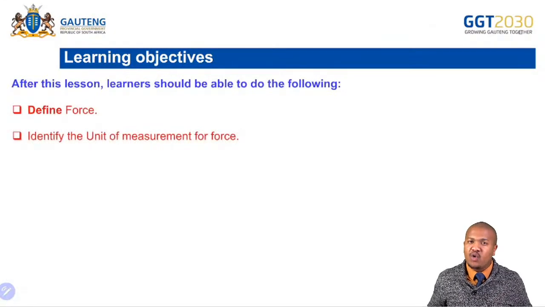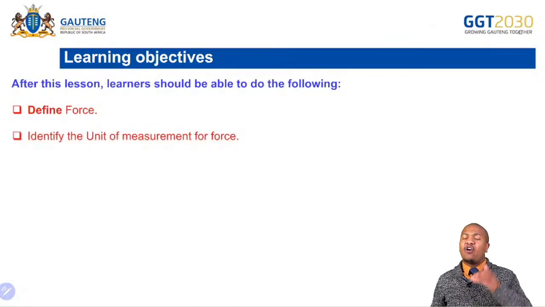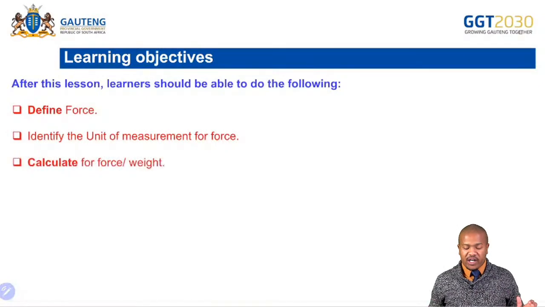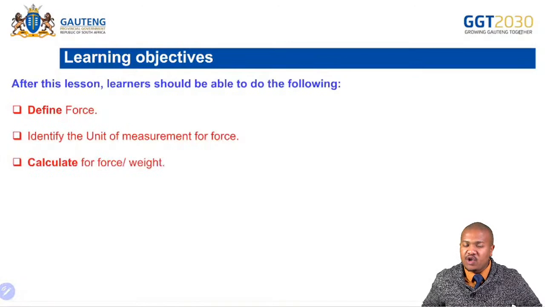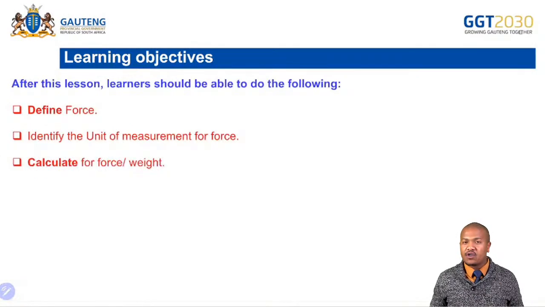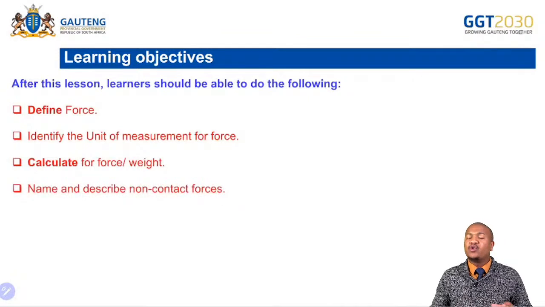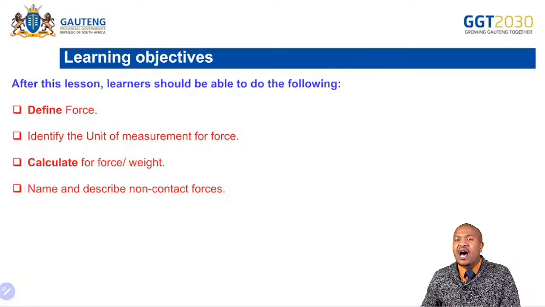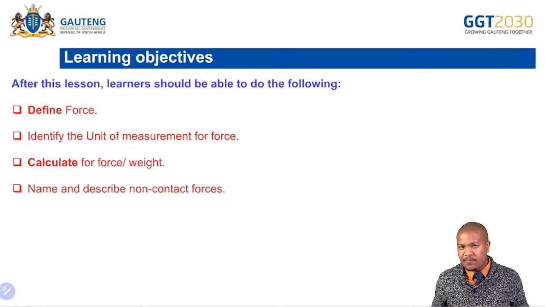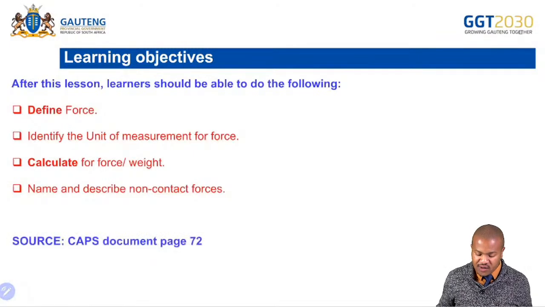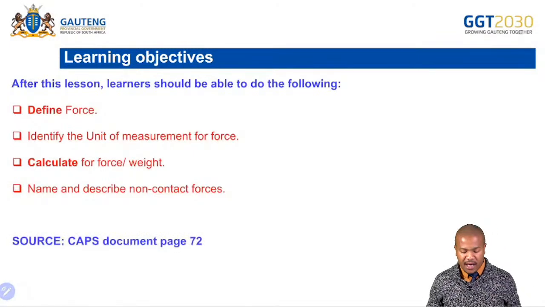Also, we need to identify the unit of measurement of force, calculate force or weight, and name and describe non-contact forces, including their examples. All this information is found under the CAPS document on page 72.